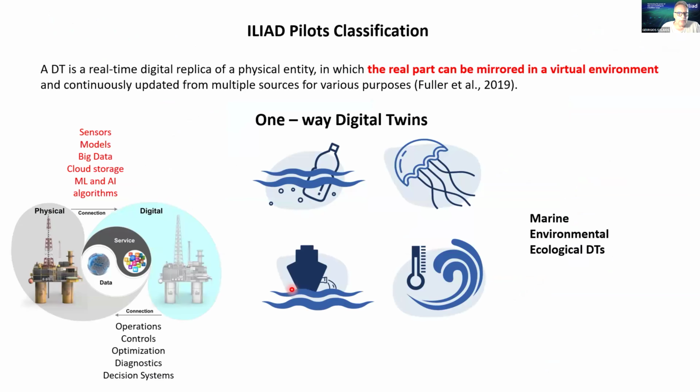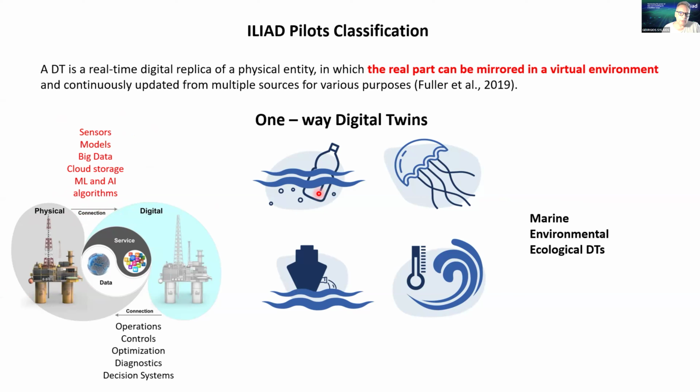So we have divided the digital twins in two classes. One is the marine environmental ecological digital twins, where we only move from the physical to the digital world using all these tools that I explained earlier.